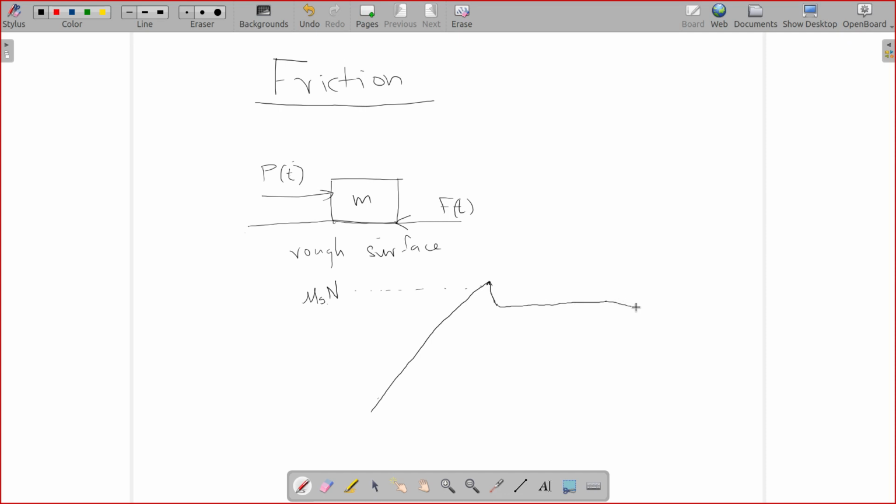Actually, it will have certain other behavior here, but for all our problems, we'll assume that it's the same, and that value will be equal to the coefficient of kinetic friction multiplied by N. P is a function of t.